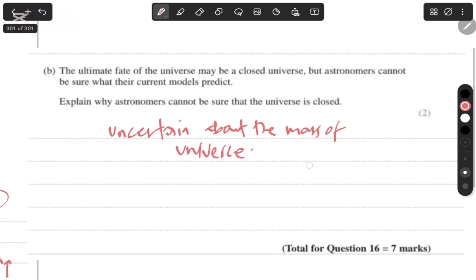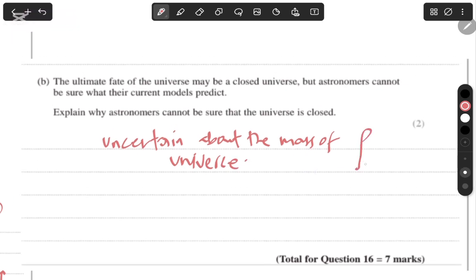Because if we want to see the density of the universe, the density of the universe is equal to the mass over the volume. And if we don't know the mass, we cannot find the density of the universe. So we're uncertain about the mass of the universe.